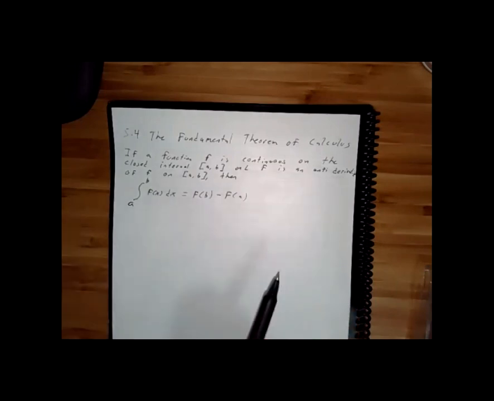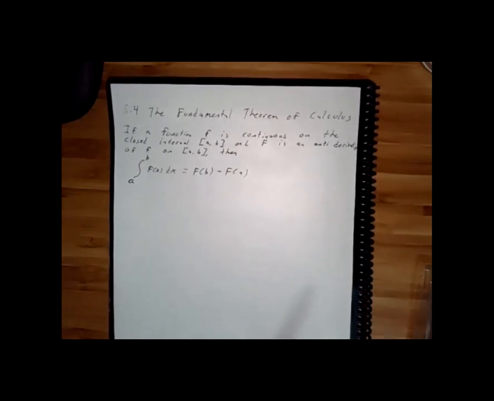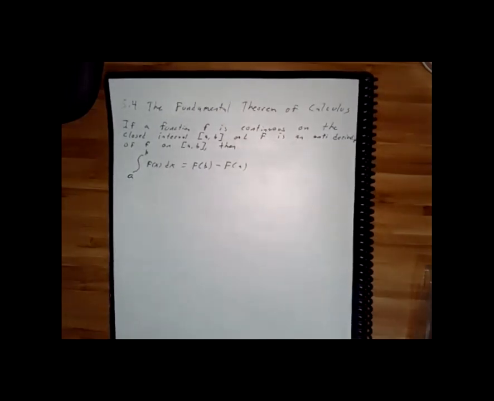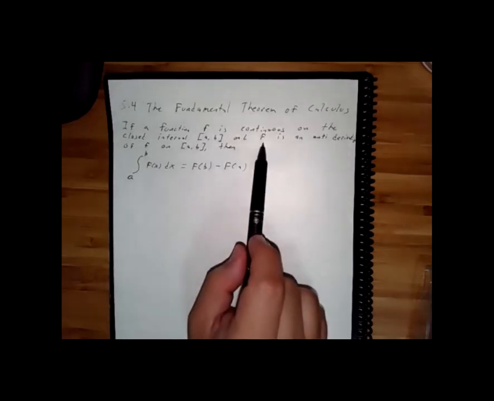Derivative. So capital F is an antiderivative. So basically it undoes derivatives. It's the opposite. Is that after the interval a, b? Yeah, and capital F.